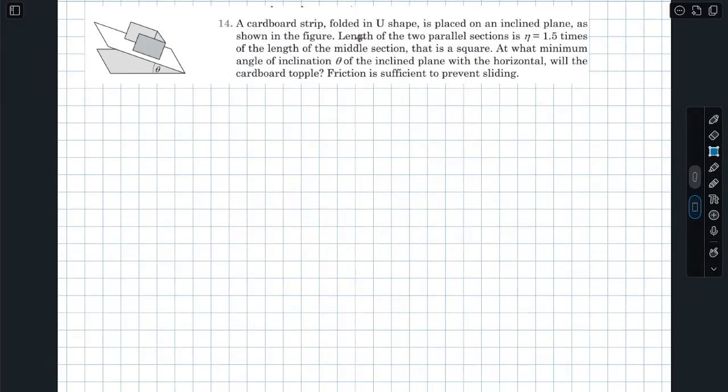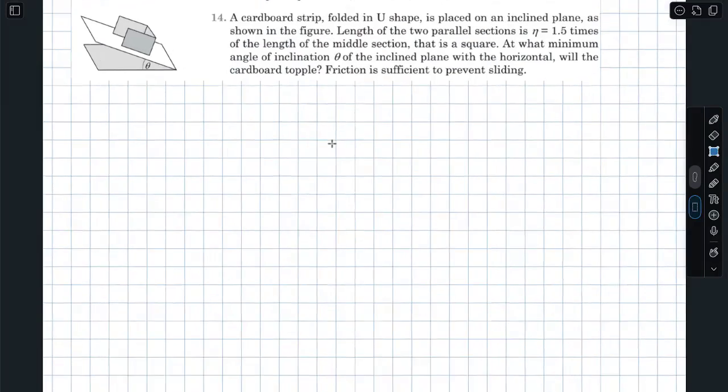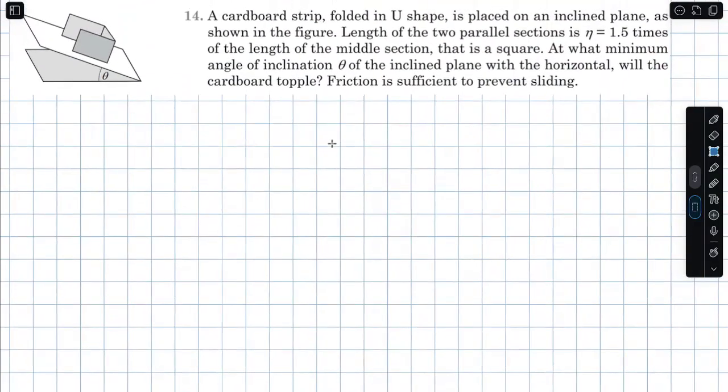You see, now more concentration is required here. The length of the two parallel sections is eta equal to 1.5 times the length of the middle section. So what makes the difference?